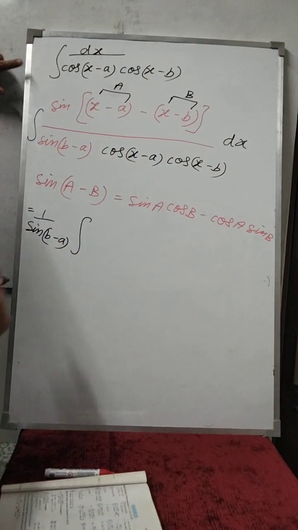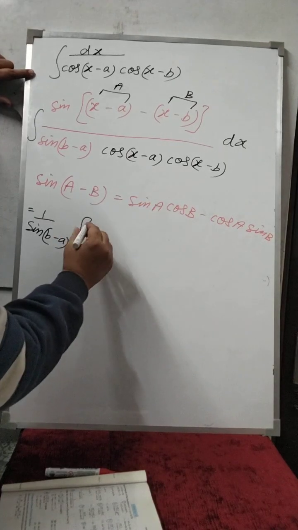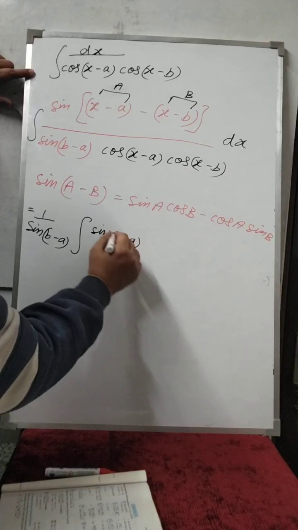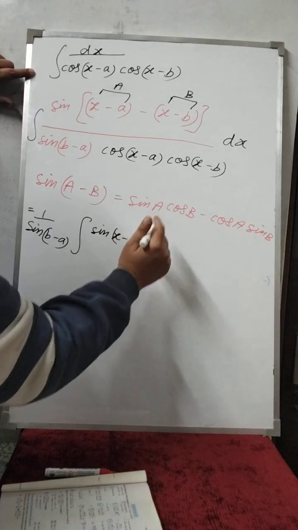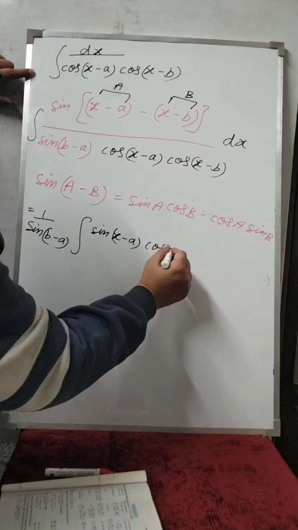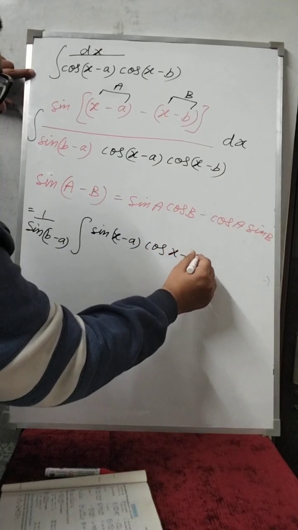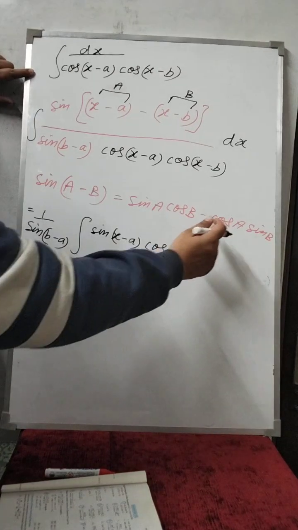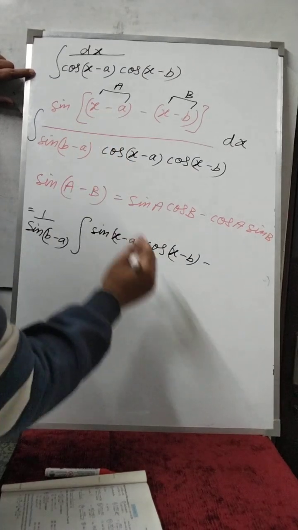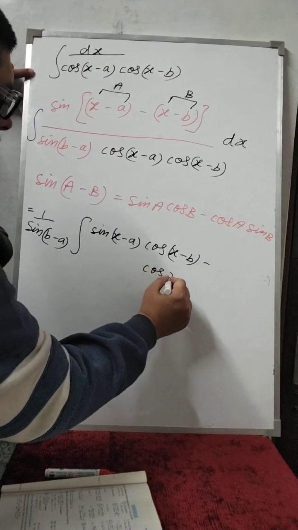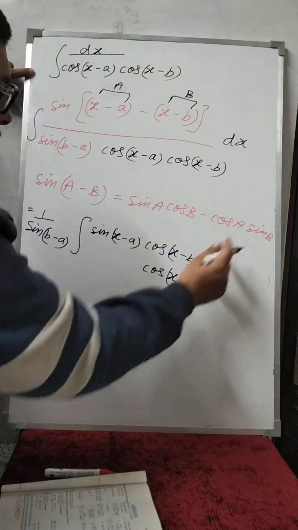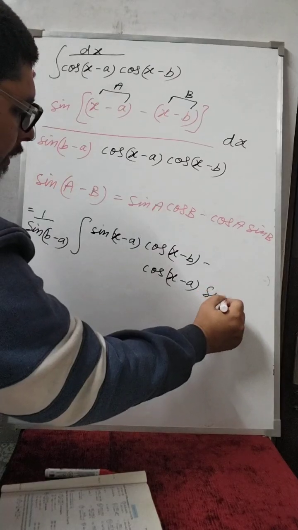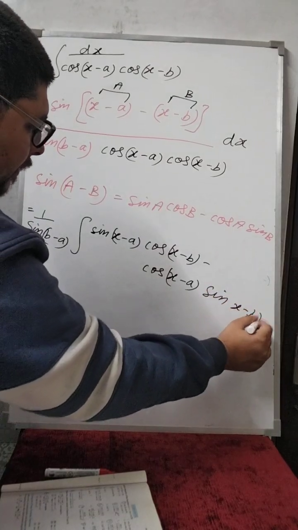So I can write this as sin a, which means sin x minus a into cos b, cos x minus b, minus cos a, cos x minus a into sin b, sin x minus b, right?